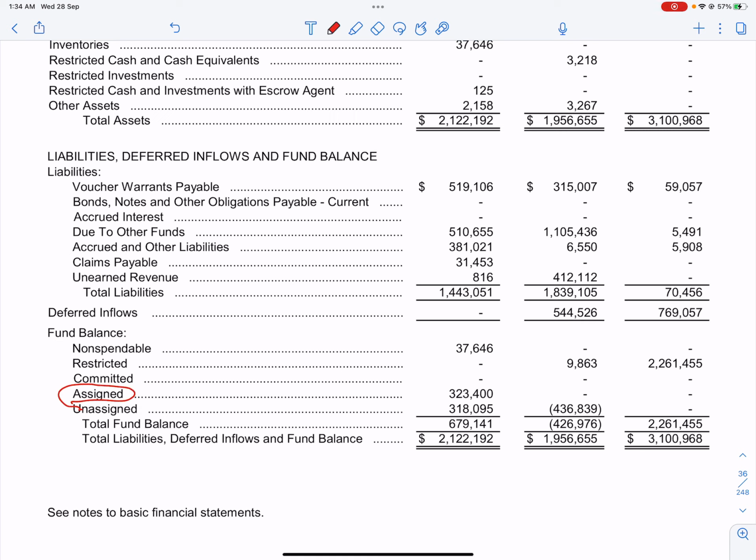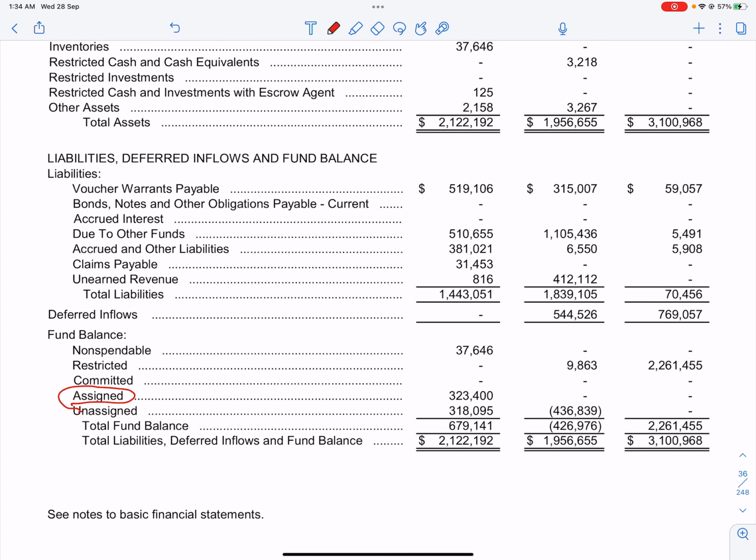and you can see that there is a general fund and we have other funds, and under the other funds, if something is not restricted or committed, then it automatically becomes assigned.